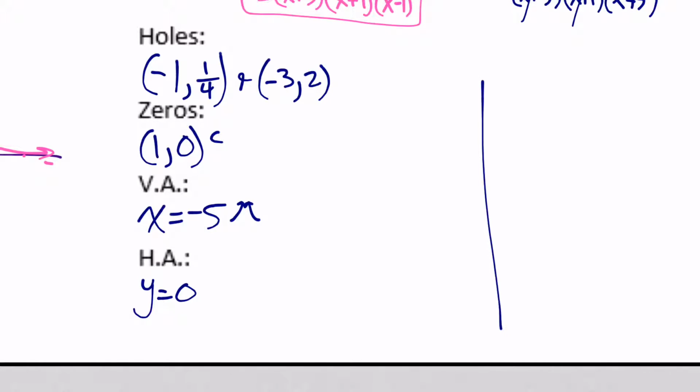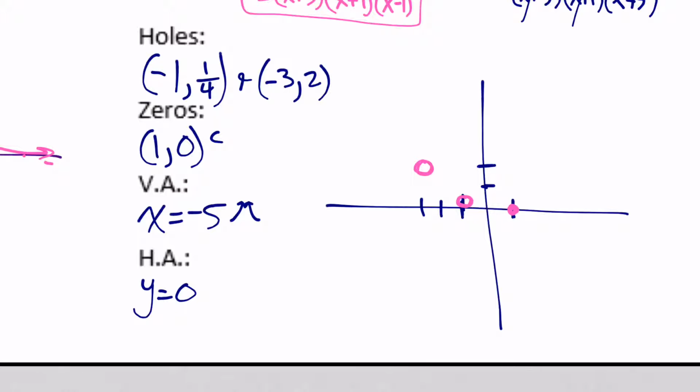So let's draw some axes here. Let's go to negative 1 and positive 1/4, and let's draw in our hole right above the x-axis right there. Let's go to negative 3 and positive 2 and draw our second hole. Zero at 1 comma 0, so we can plot that there.